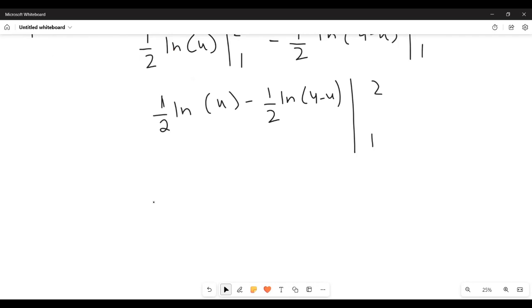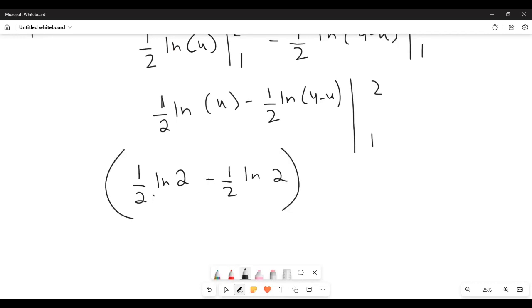Okay, substitute the values. We get half ln 2 minus half ln 2, and then minus sign. We get half ln 1 minus half ln 3. Sorry, that's 3.